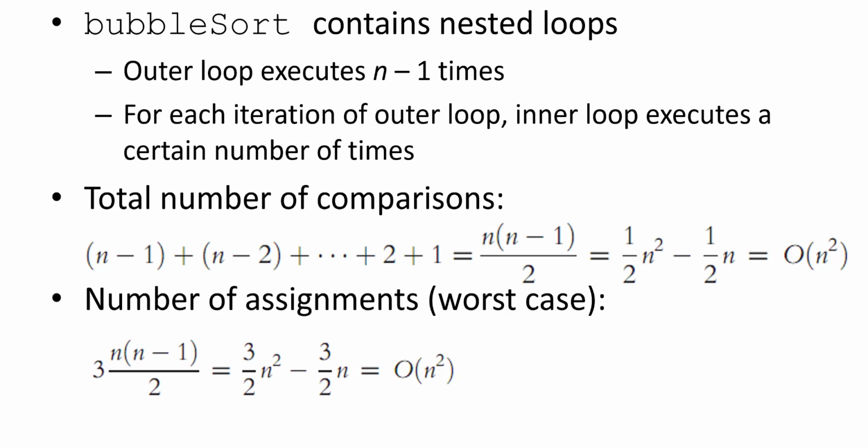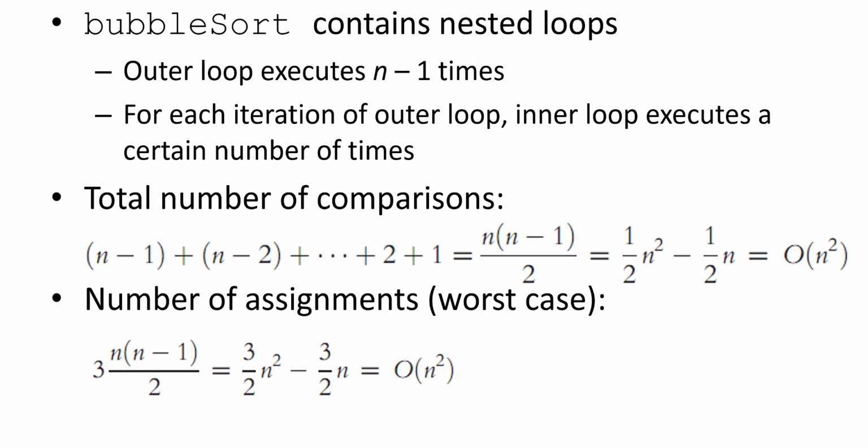In the worst case, the body of the if statement always executes. So in the worst case, we have 3 times (n^2 - n) divided by 2, which is still a factor of n^2. If the list is already sorted, which is the best case, the number of assignments is 0.